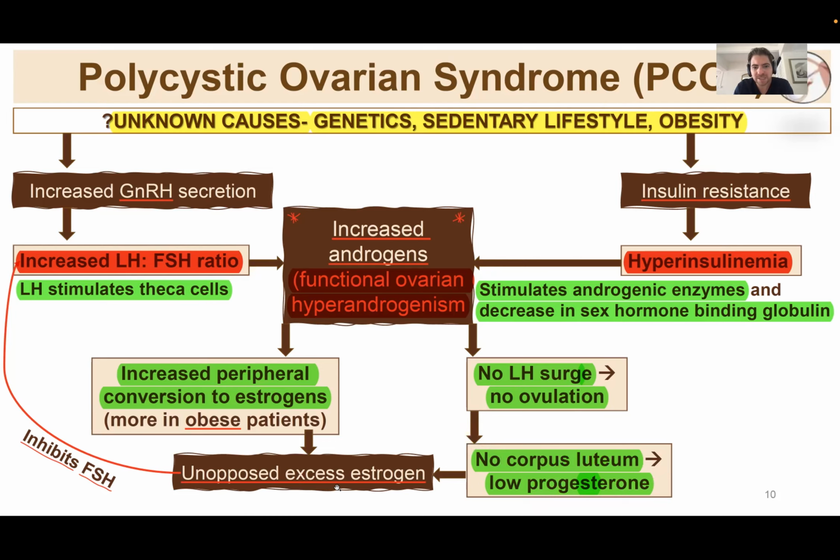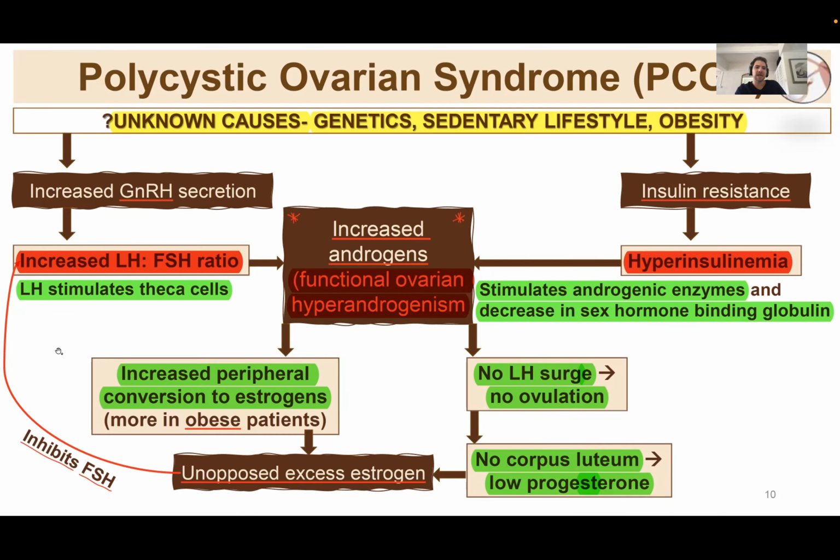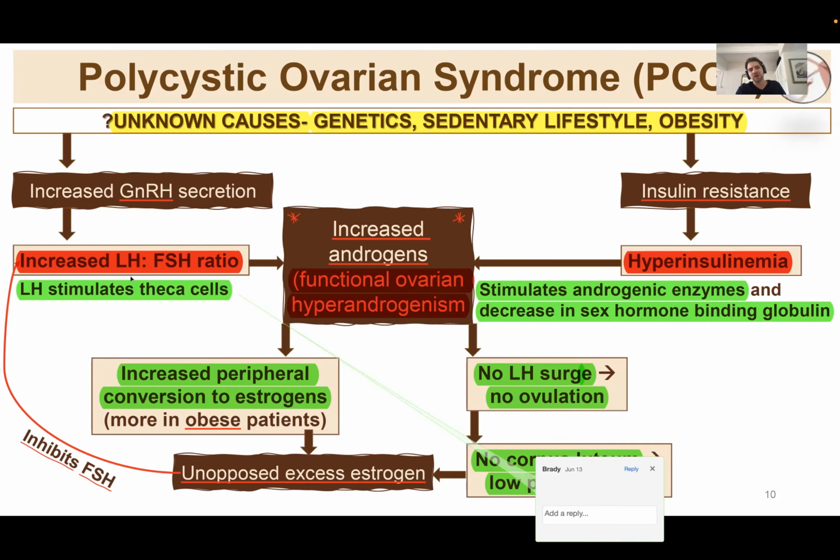The reason the FSH is decreased is because you get this unopposed estrogen secretion, which will feed back and decrease FSH. And the reason you're getting this estrogen is because you have so many androgens, you're getting conversion to estrogens. So if you're looking at the labs, you'll have an increased GnRH, increased LH, and a decreased FSH, okay?